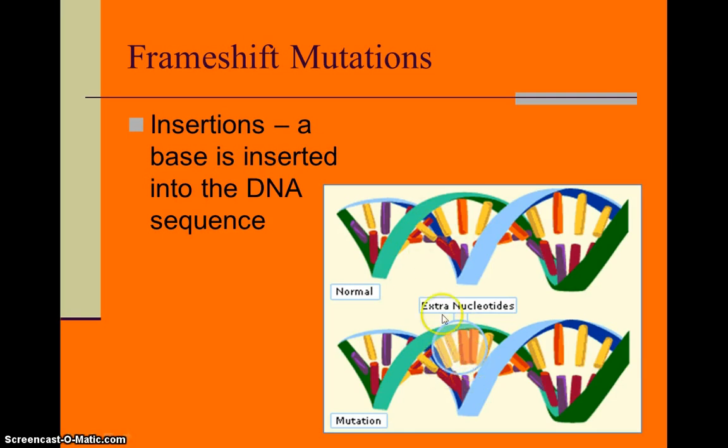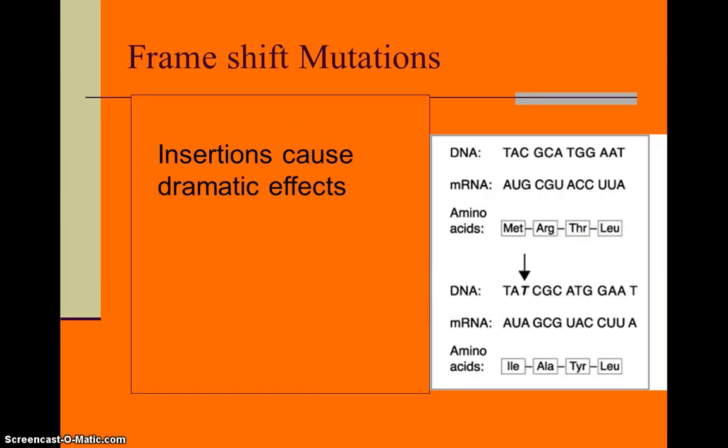Here's what it should be normally, and then you have an extra one put in. And they cause dramatic effects. You can see if it was inserted, then the whole frame shift is going to be off, and you will end up with different amino acids as well.